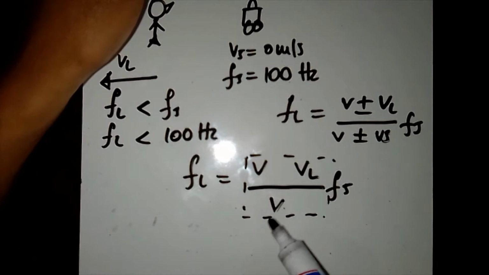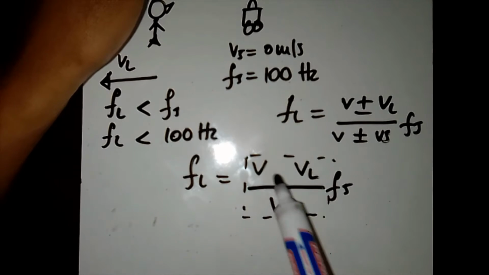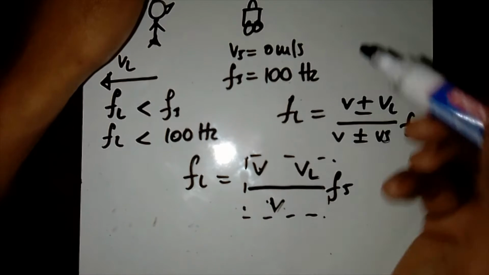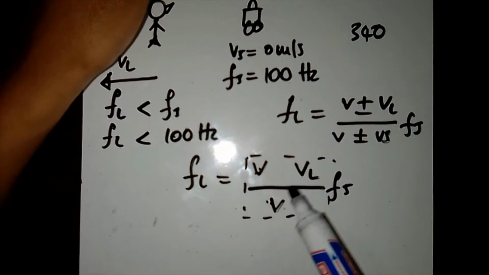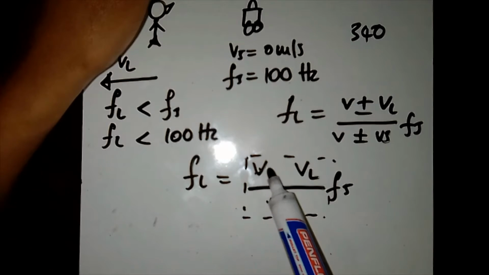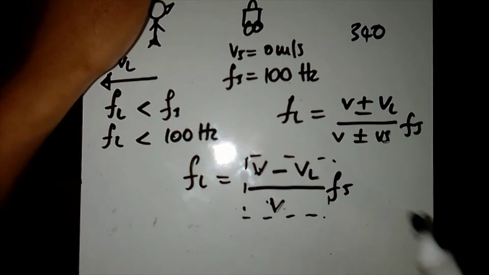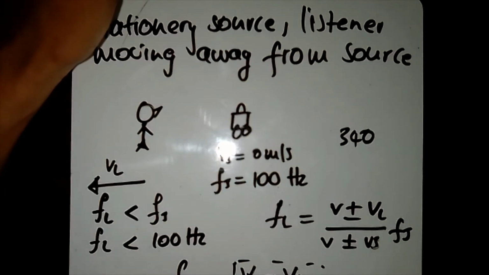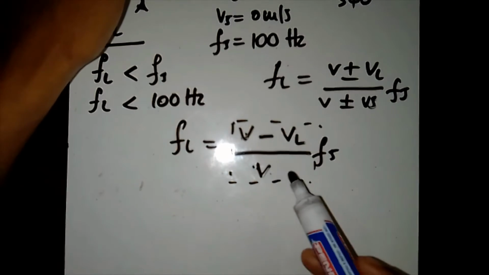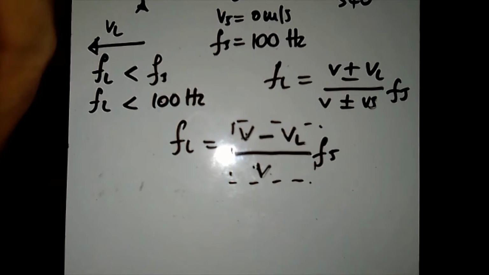This means that we must divide by a bigger number, right? So if these two things are equal, let's say they were like 340, so V and V is the same value, for the value on the numerator to be less, it means that we have to minus. Meaning that if that person is moving away, then this is the equation that we will essentially use. I hope that is making sense.